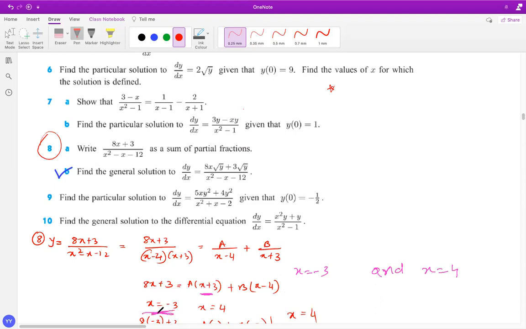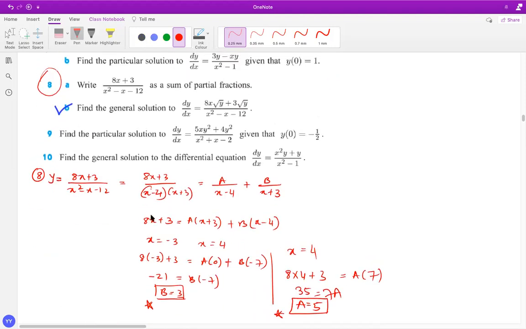When I substitute x as negative 3 on both sides, I get the answer for b, which is 3. And when I substitute x as 4 on both sides, it becomes 8 times 4 plus 3 equals a times 7, so a is 5. This is a quick technique. The other technique is to set up two simultaneous equations and compare the terms.